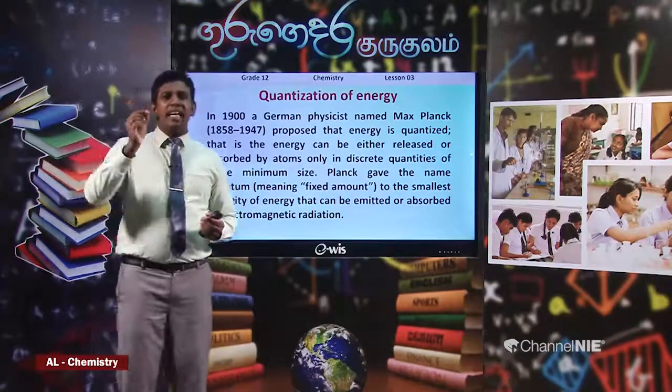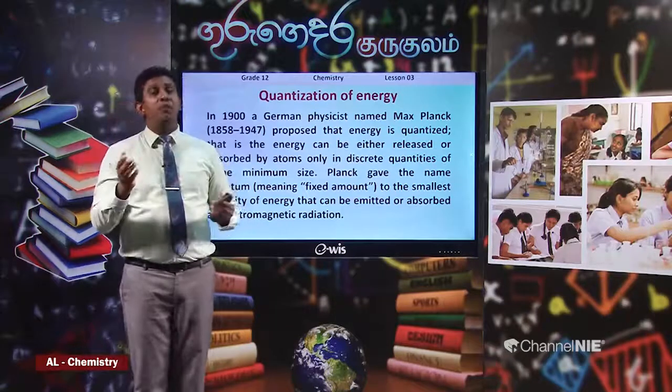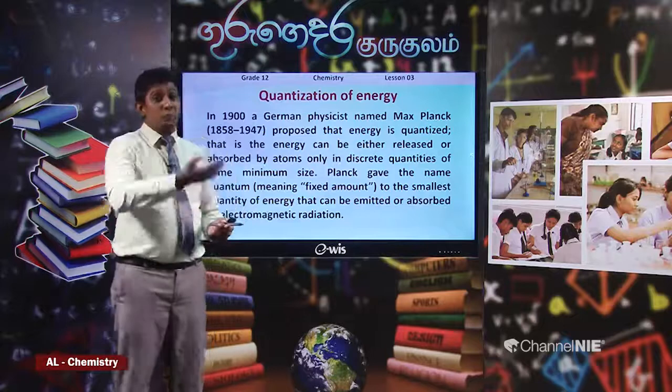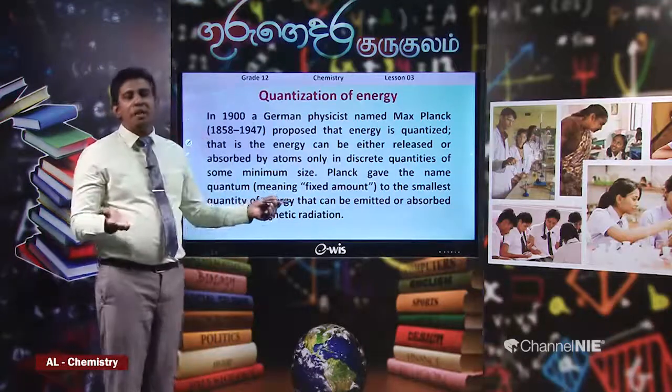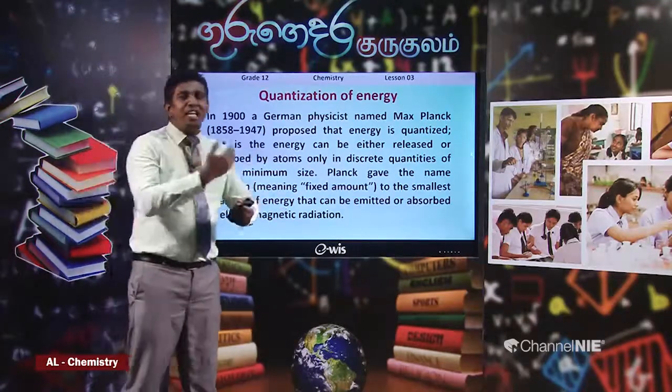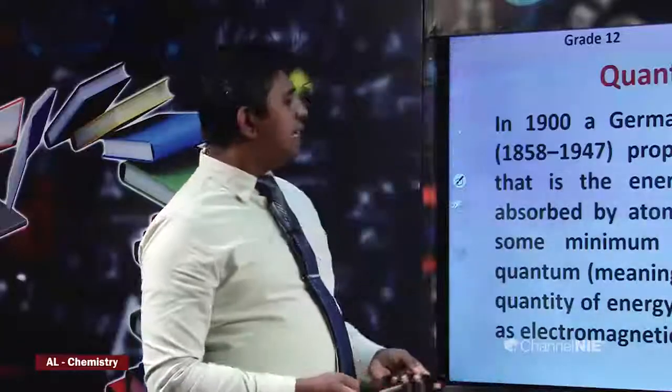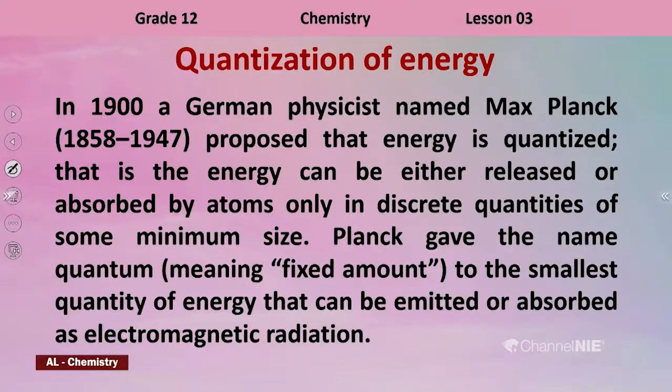It's discrete amount wise you could find them, especially when it happens like an absorption of energy by cold matter or release of energy by hot matter. Okay, so that fixed energy amount could be named as quanta.